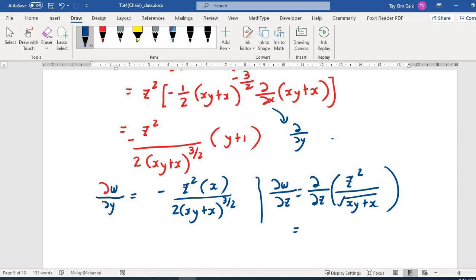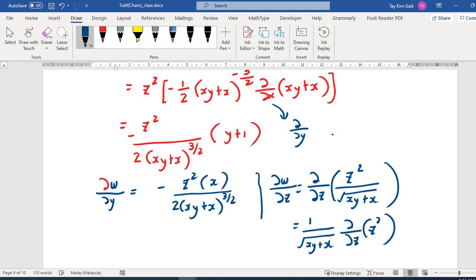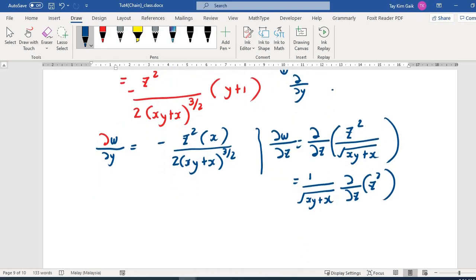That's why you factor out 1 over square root of xy plus x, and then you del z of z squared. That's why for del w, del z, the answer is 2z over square root of xy plus x.